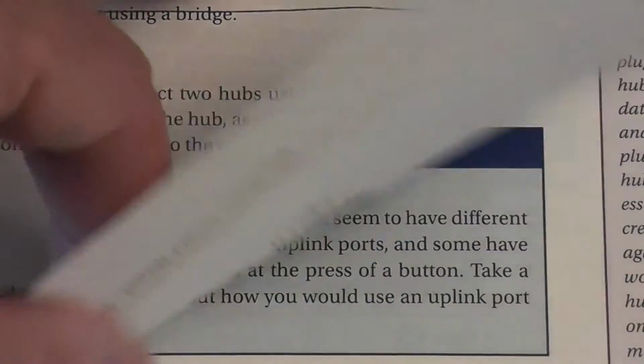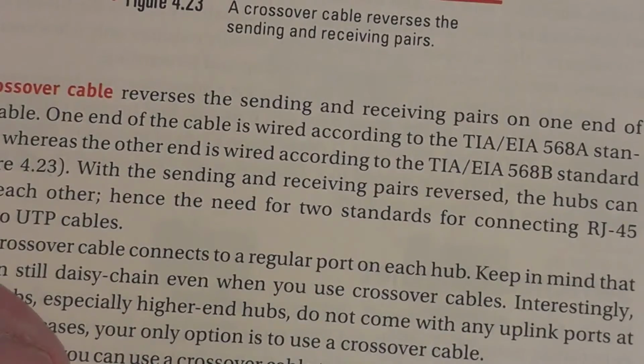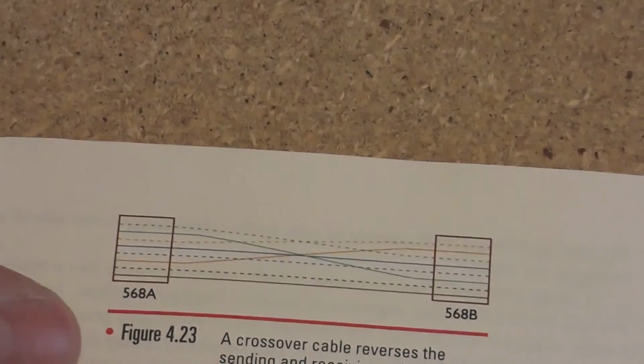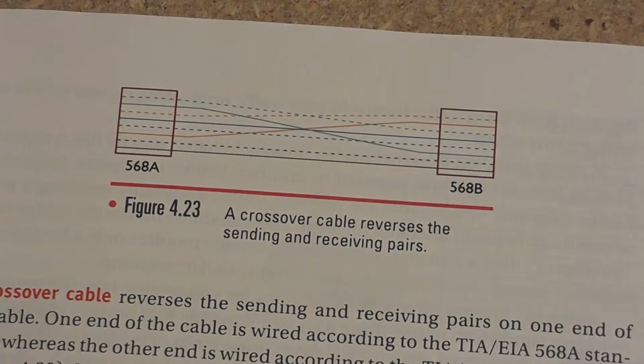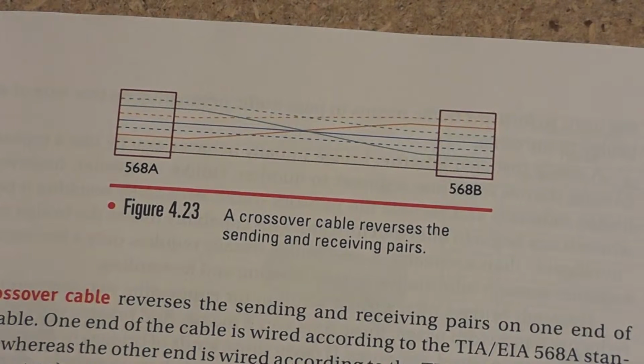So if you flip over in your book to page 75 and take a look at the top of the page, you have graphic 423. That's exactly what this graphic is showing you: how a crossover cable is created. By putting A on one end and B on the other, you are reversing the transmit and receive pairs.